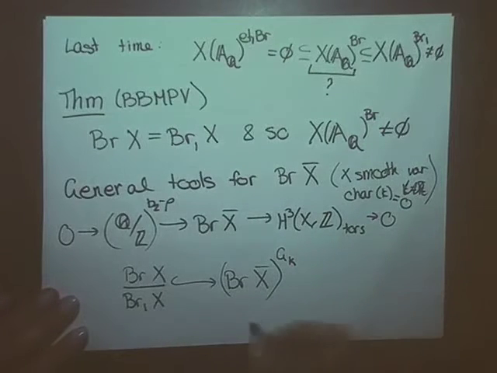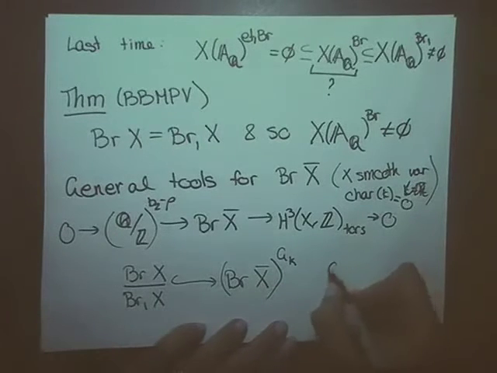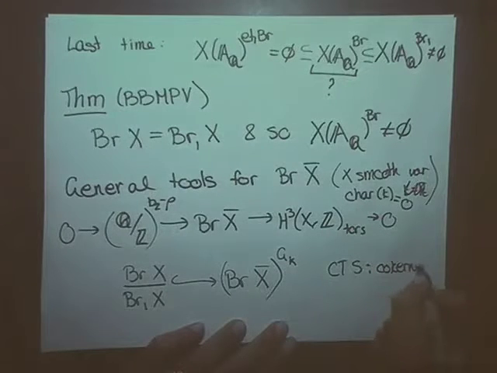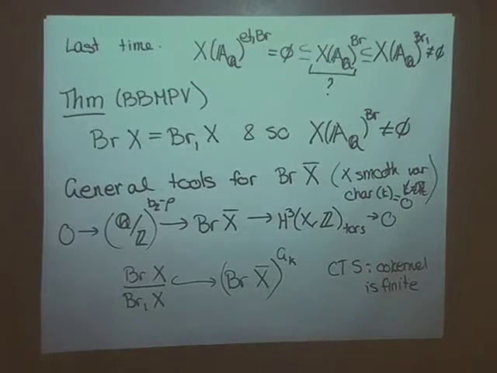And I should say, this actually does a lot of the work. A result of Colliot-Thélène and Skorobogatov says that the cokernel is finite. So this deals with all but finitely many of the elements for you, assuming you know the structure of Br X bar as a Galois module.